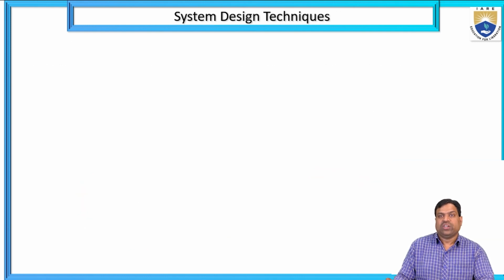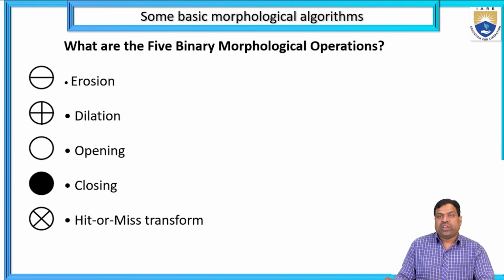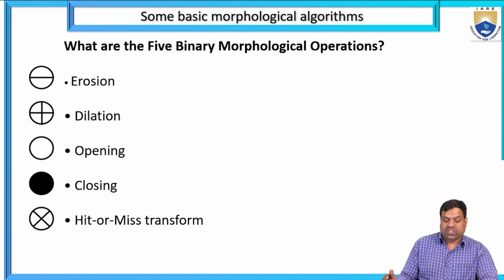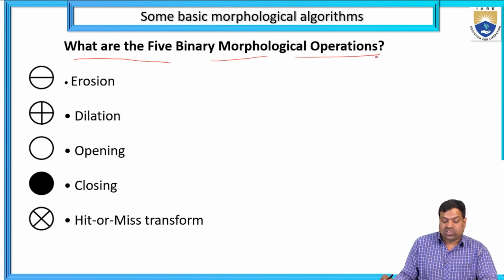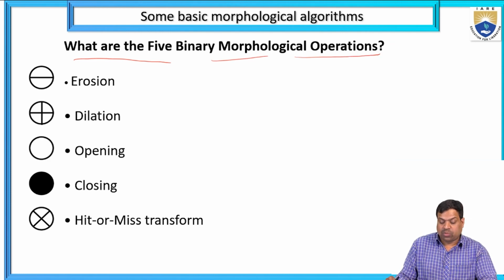It is 2D, and there are 5 binary morphological operations. What are they? Erosion, dilation, opening, closing, and hit-or-miss transform. These are the 5 binary morphological operations.